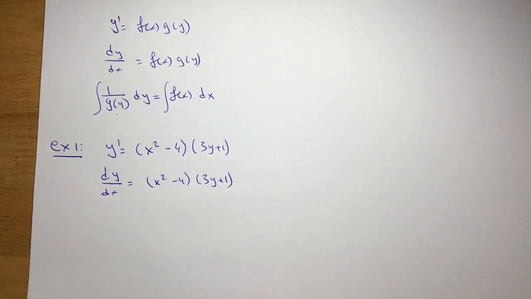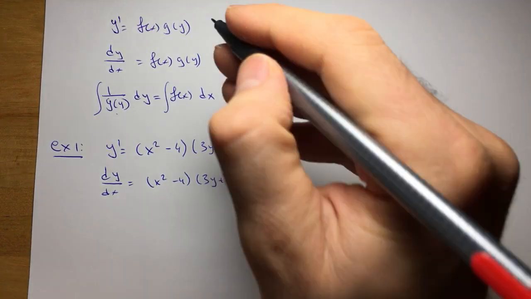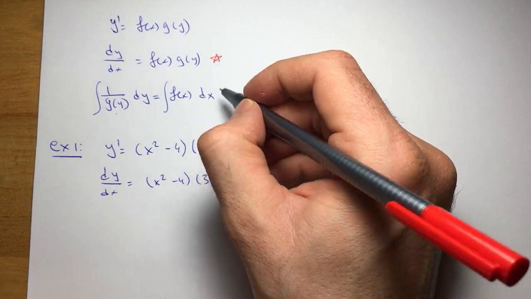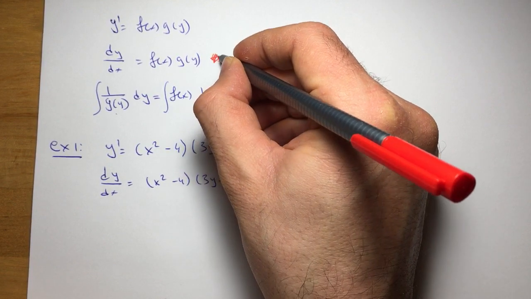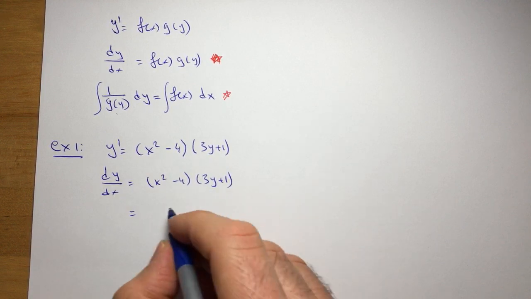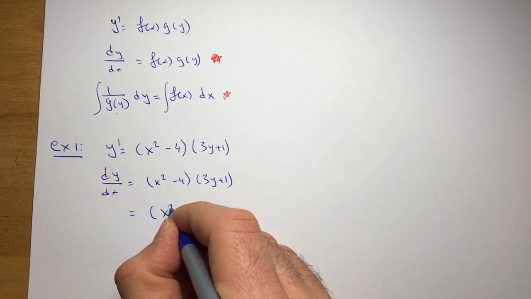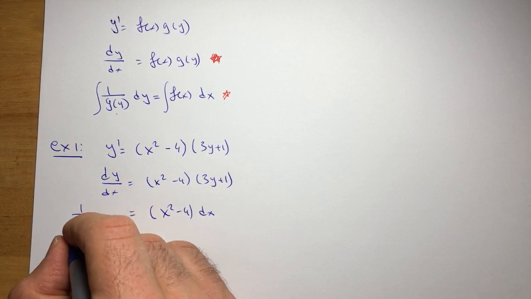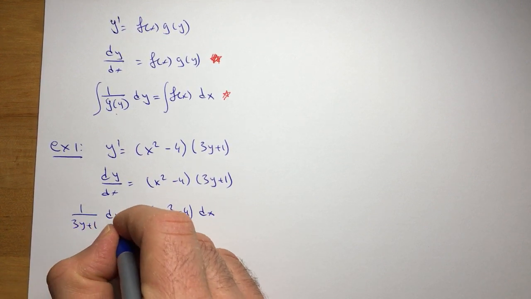So the first important step here is to get to here. Okay, so multiply both sides by dx, and you have (x squared minus 4) dx on this side, and on the other side you have 1 over (3y plus 1) dy.